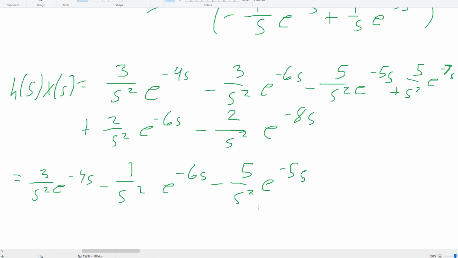It's not like you're graphing it. Plus 5 over s squared e to the negative 7s, plus 2 over s squared e to the negative 8s. Right, so this is your function. You're going to have to take the inverse Laplace of this.